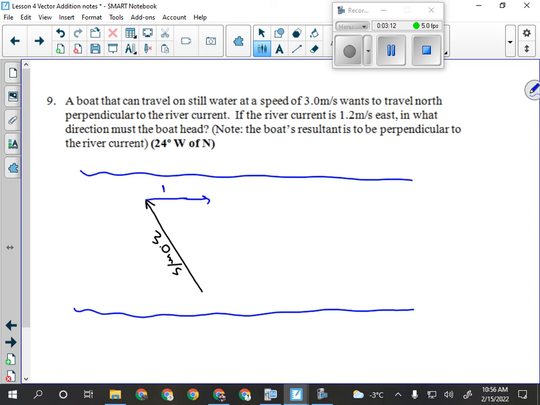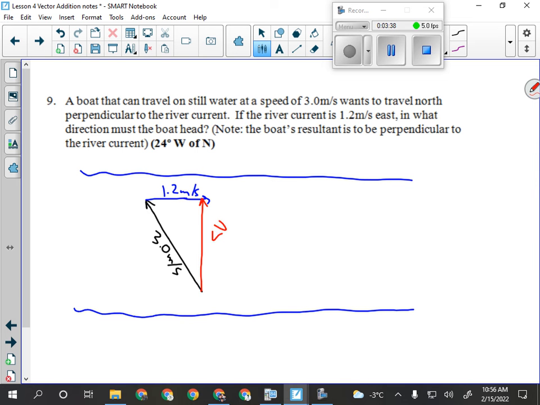The current is 1.2 meters per second. So there's this vector, my rowing, and this vector, the current, and they produce this. Everybody with me there? So I end up going straight across. This is my resultant velocity, not my resultant displacement.